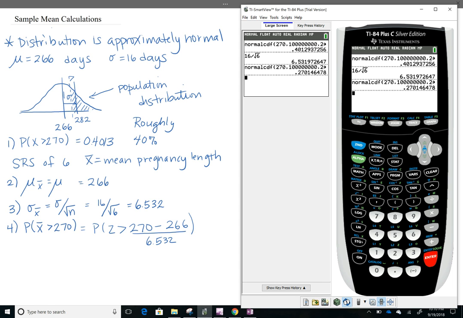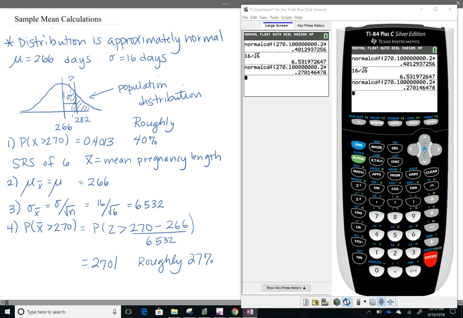And I get 27%, which is roughly 27%. So when you're given a problem that talks about normal calculations, make sure you understand whether you're talking about the population or whether you're talking about some sort of sample that you're dealing with. That's all we have for today.